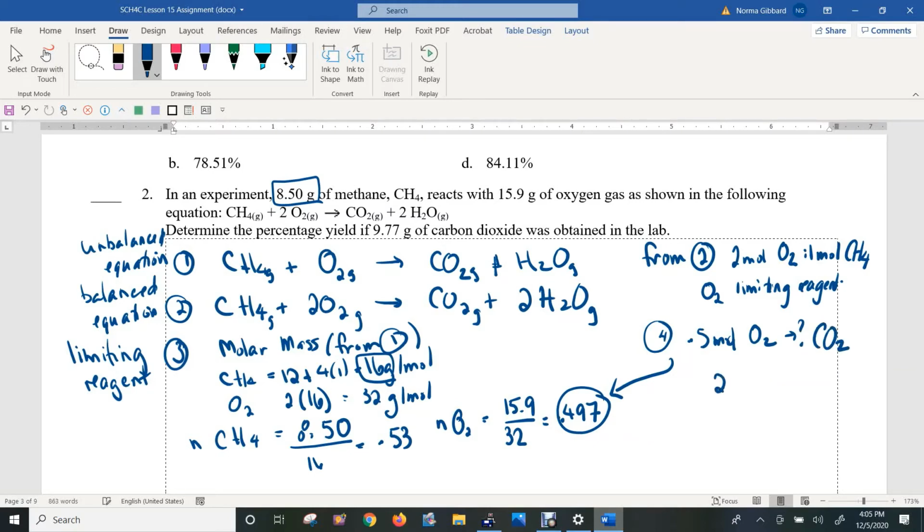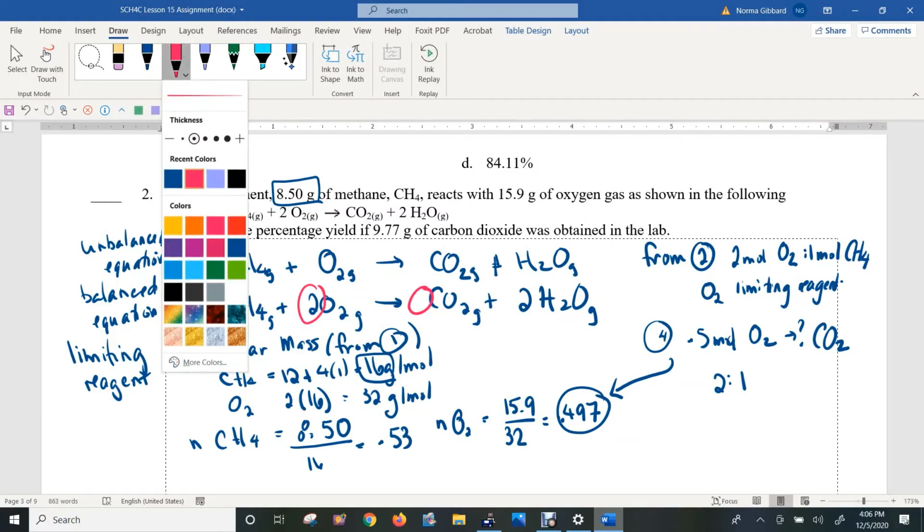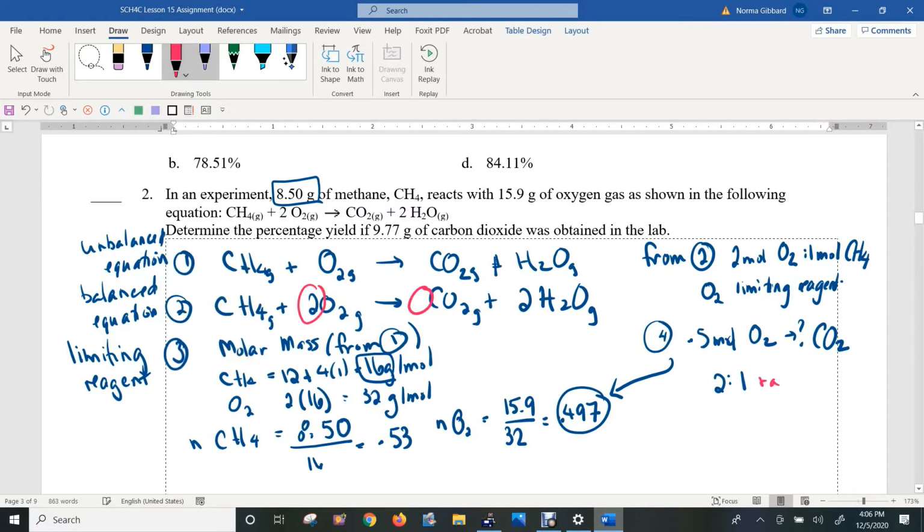Well, from our balanced equation, we have a 2 to 1 ratio. So we have a 2 to 1 ratio. So that means that if we have 0.5 mole of O2, we have 0.25 mole of CO2.